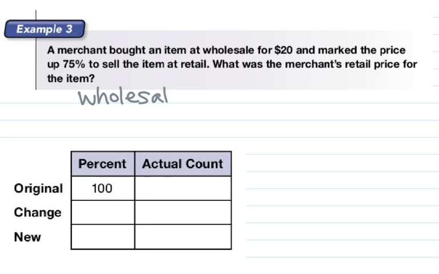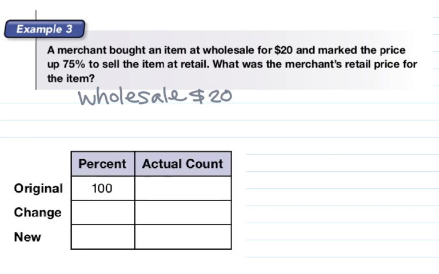And if you remember what I said, wholesale is what shop owners do. They go and they're able to buy items in bulk or at low prices. And then when they bring it to their store, they mark up the price by a certain percentage to sell it to the customer. And that's how they make their money.